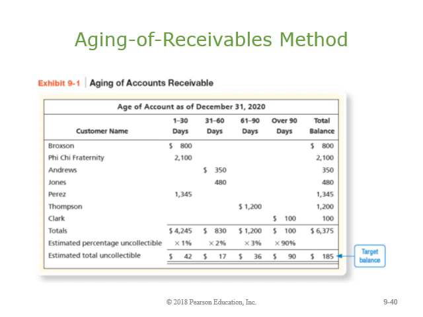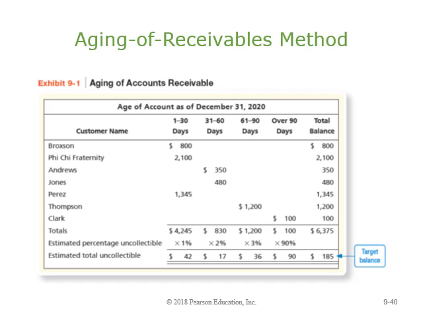If we look here, really we're looking at the bottom of this page. We see all of the different customers there, and then we see the totals for our accounts receivable. For 1 to 30 days, we have a total of accounts receivable of $4,245, and we estimate that 1% of that will be uncollectible.